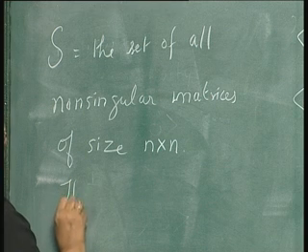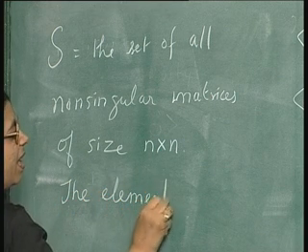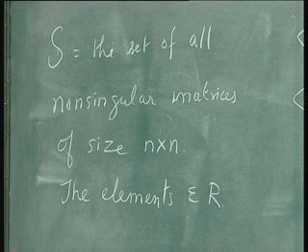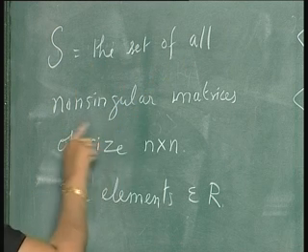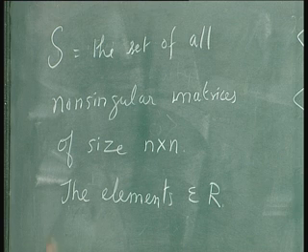The elements of the matrices belong to the set of real numbers. You can take integers, whatever it is. Take the set of all non-singular matrices of size n by n, where the elements of the matrices belong to the set of real numbers.